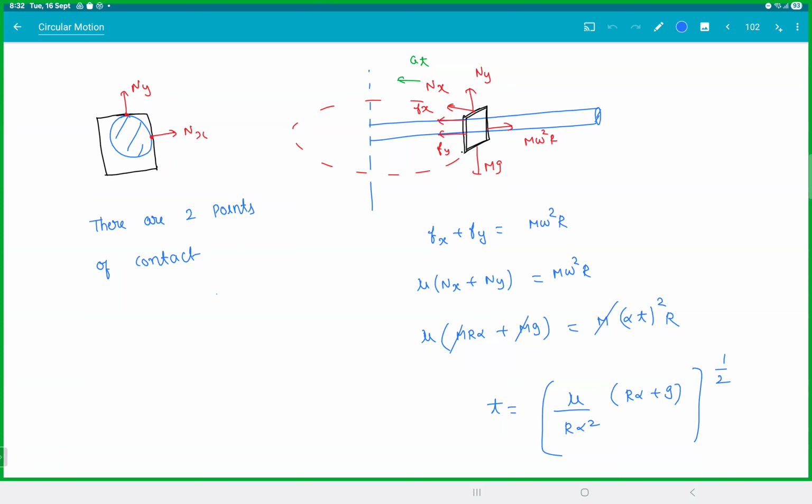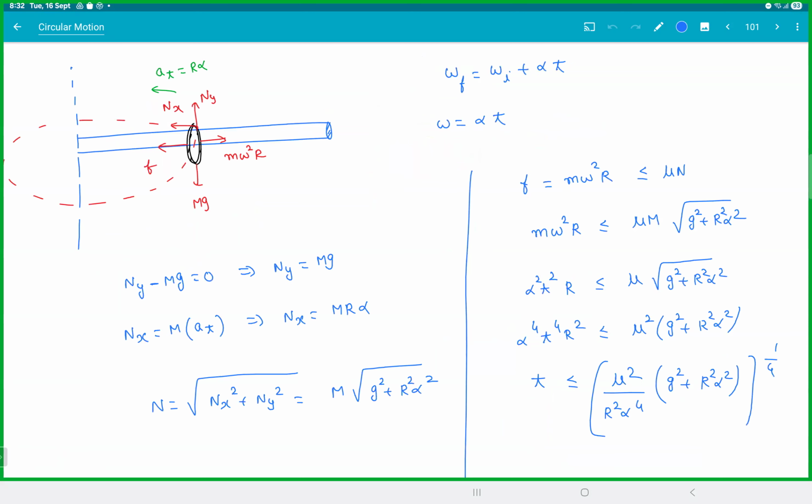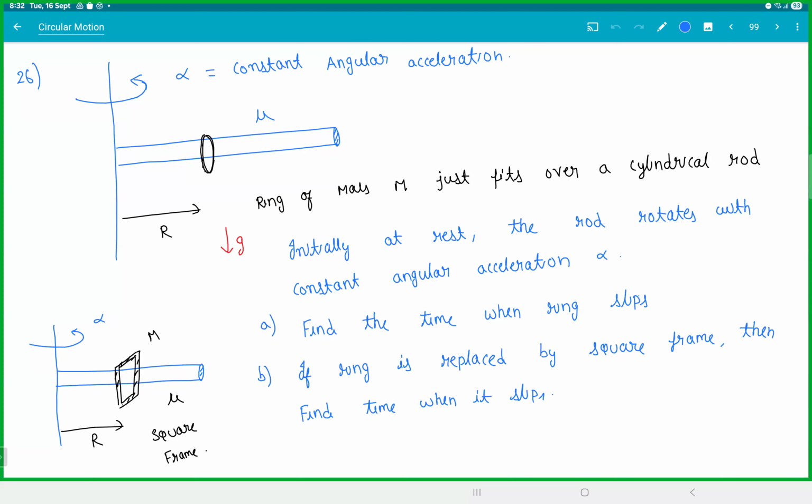The last thing that we did was this one, the ring on a rod. Hope everyone has gone through the notes.